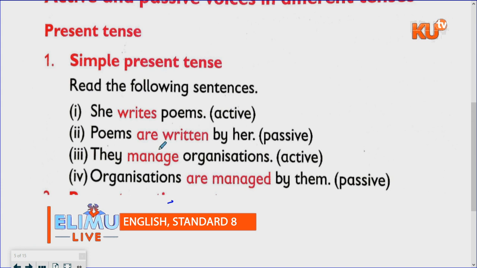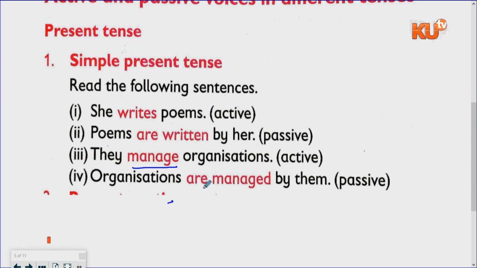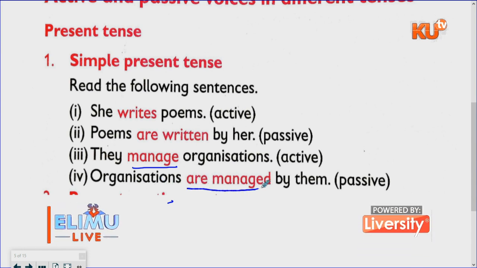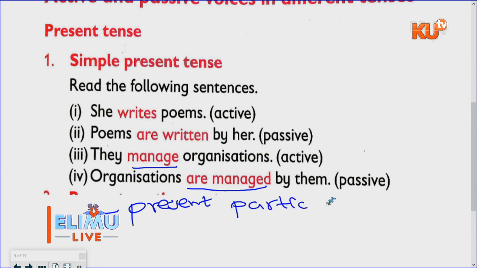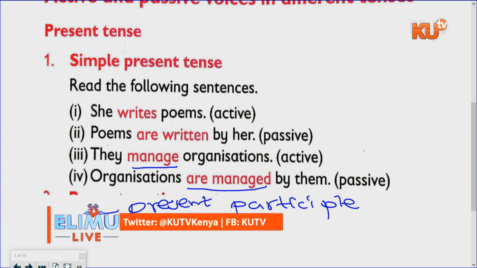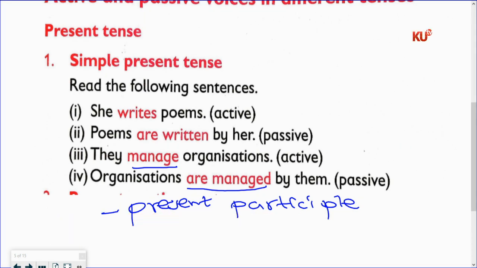Organizations are managed by them. So simple present tense changes to simple present participle. So you can write there present, then participle tense. Okay, so that is how simple present tense changes. She writes poems. Poems are written by her.